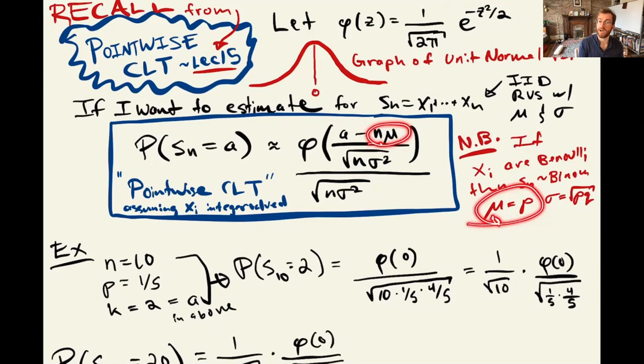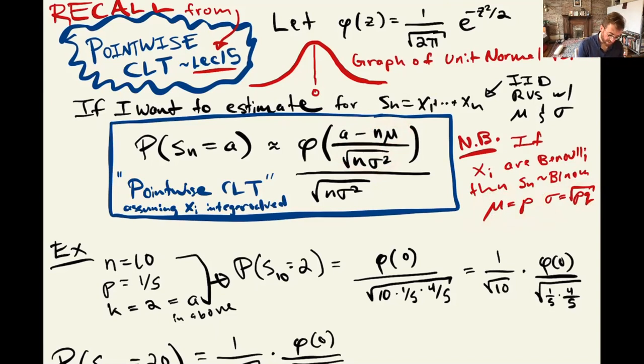That says that the average of a Bernoulli is just the probability of success, which makes sense. And additionally, sigma for a Bernoulli is the square root of p times q. And so you can see that, again, this factor which appears in the central limit theorem, the square root of n times sigma squared, which would be p times q, gives me the formula from what I call the baby central limit theorem.